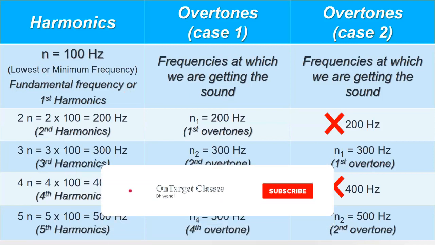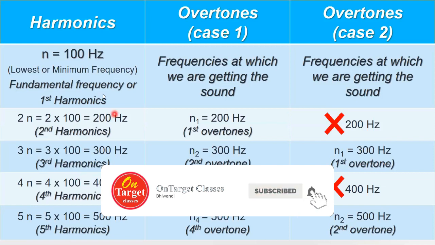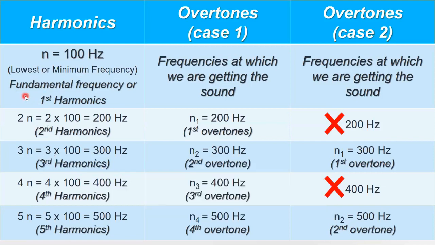So harmonics and overtones. What is a harmonic? The lowest frequency or the integral multiples of the fundamental frequency are called harmonics. If you multiply n by 2, it will be the second harmonic. If you multiply n by 3, it will be the third harmonic.